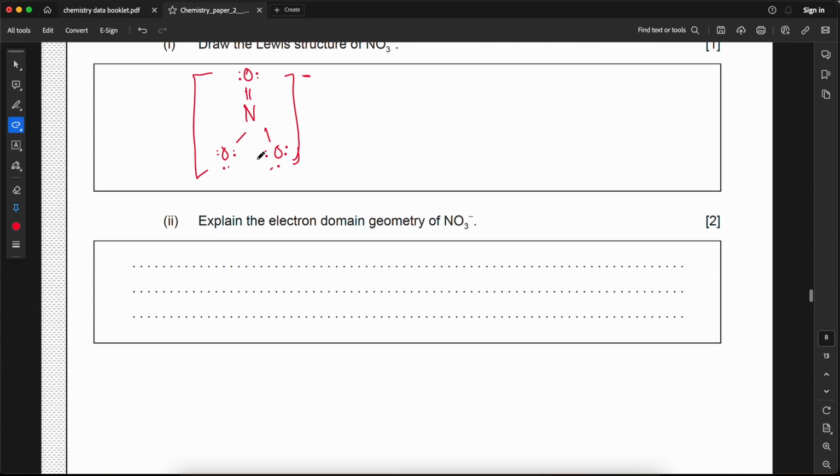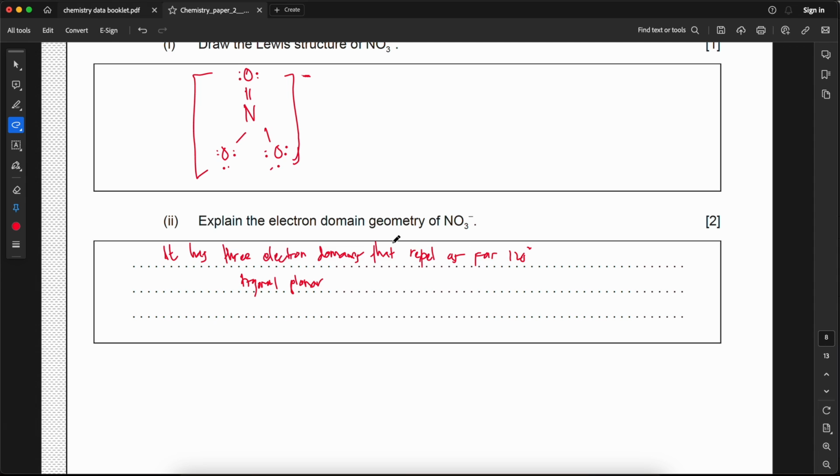Explain the electron domain geometry of NO3 minus, okay? NO3 minus has 3 electron domains that repel as far as 120 degrees, and the geometry is trigonal planar, okay?